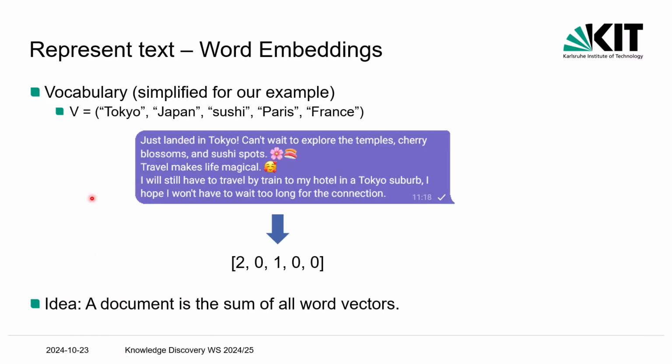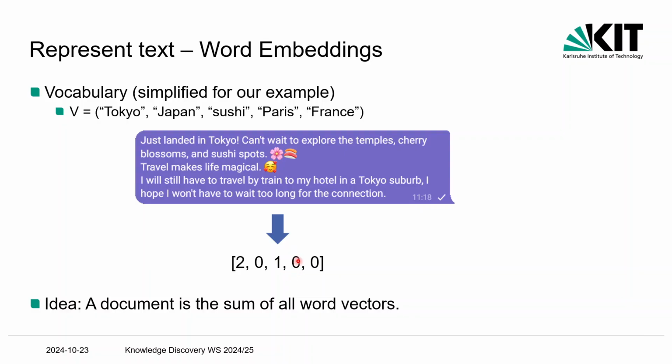We will just take the various embeddings and sum them up together. So the idea here is the document is the sum of all of its word vectors. So we have the vector for Tokyo that is added here twice. The vector for Japan, nope, Japan does not appear anywhere here. The vector for sushi appears once.